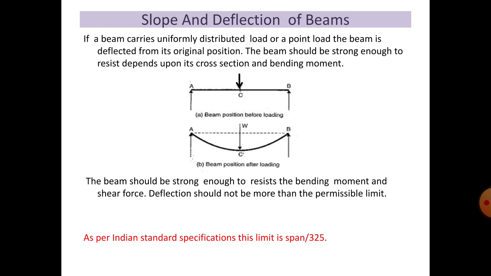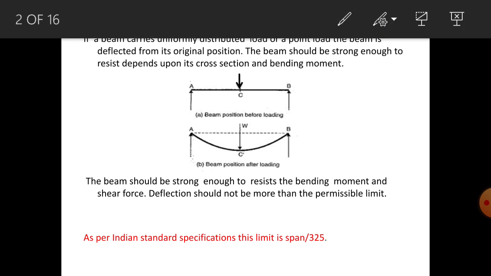When the beam is loaded with any type of load, that is a UDL or a point load, then there might be a deformation along its longitudinal axis, along its length. That type of deformation is called deflection.